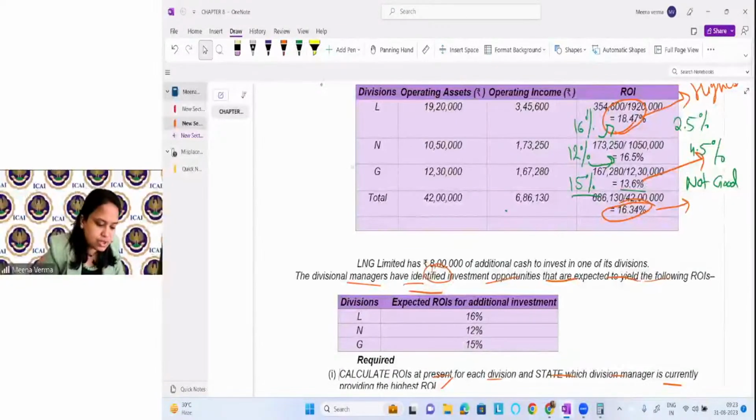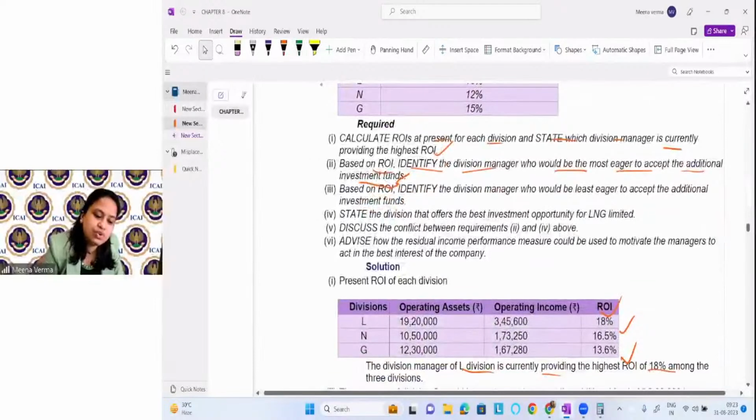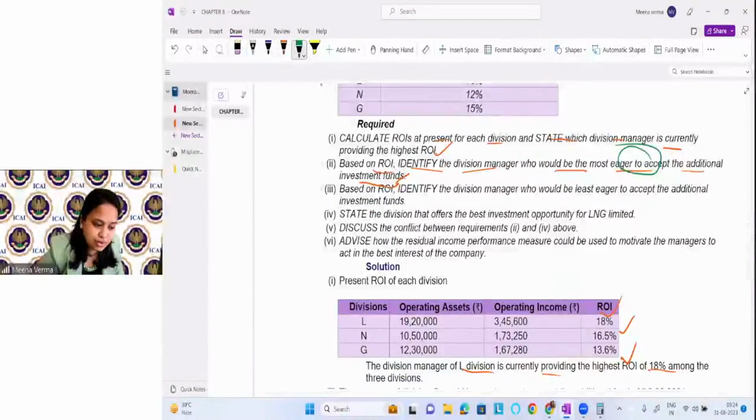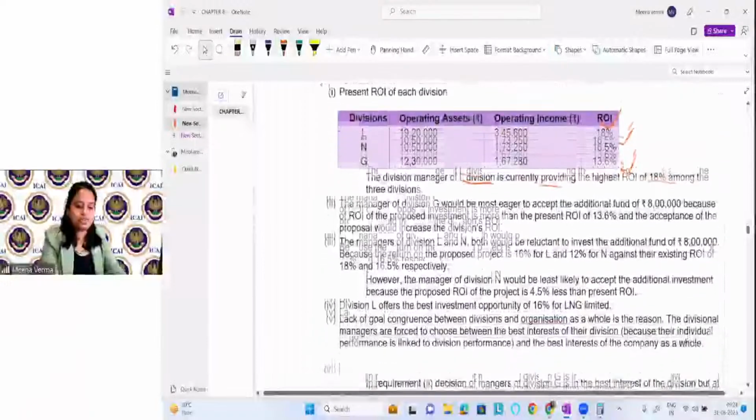Now let's see what the question is. Based on ROI, identify the division manager who would be the most eager to accept the additional investment fund. And the second part is, who would be least eager to accept the additional fund. So tell the one who will be eager to accept the extra money. Where do you want to spend your extra money?